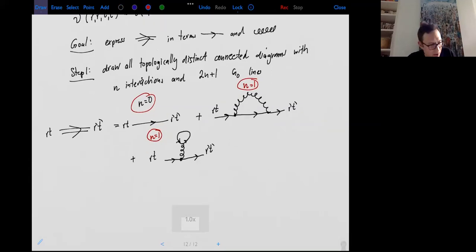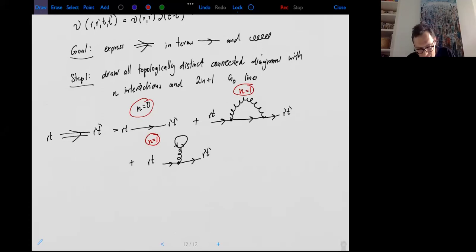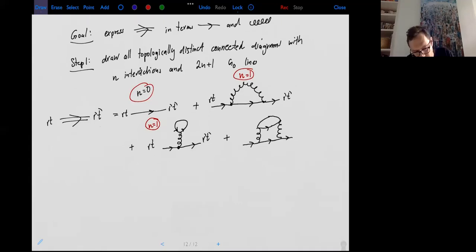And now obviously we can go order by order. So let me now show you just the n equals 2 processes. So we can start, we can emit a photon, then we propagate, the photon can emit an electron-hole pair, which can recombine, create a photon, be reabsorbed by the first electron, and then the first electron continues to propagate. So that's one n equals 2 process, because we now have 2 interaction lines and 5 Green's function lines: 1, 2, 3, 4, 5.